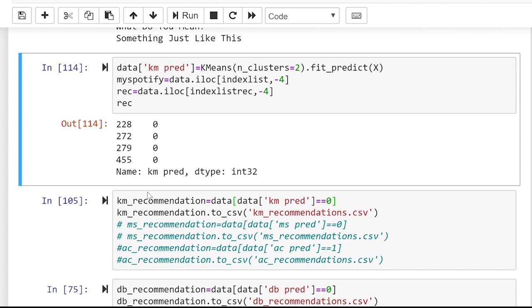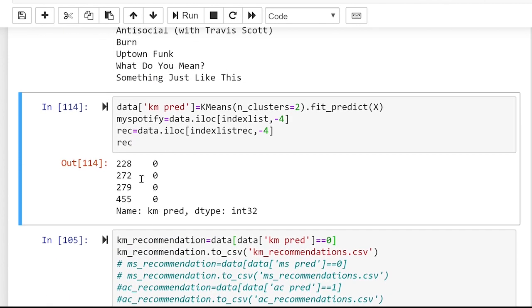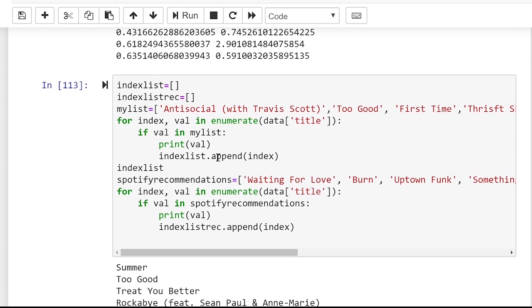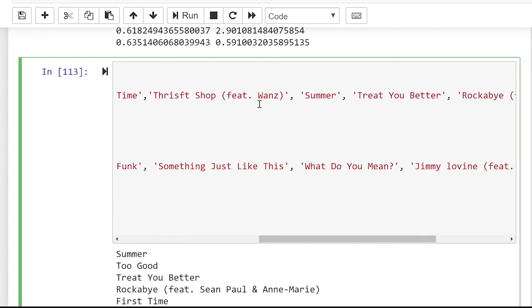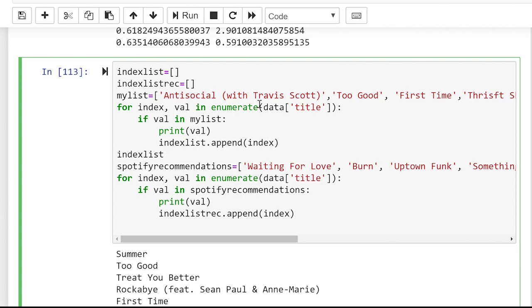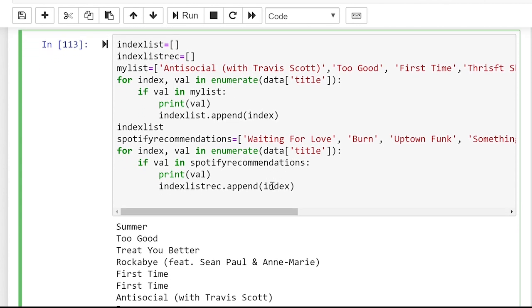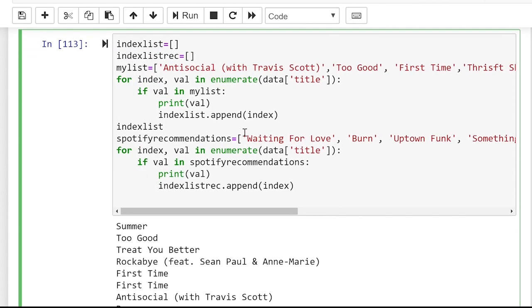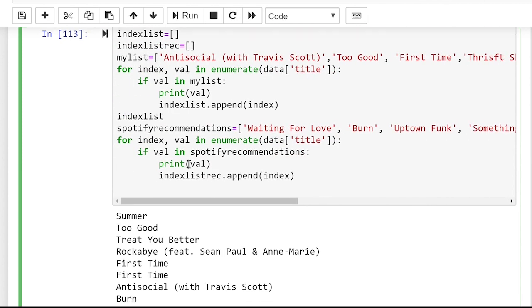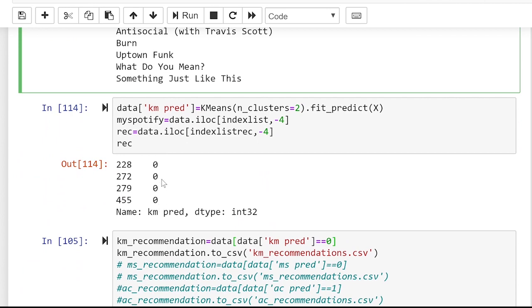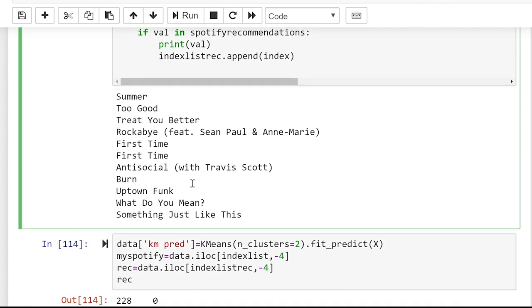We can create a group of songs that are similar to the songs we picked. So I picked some songs from group 0, and the recommendations Spotify showed me were these songs, and all of them belong to group 0.